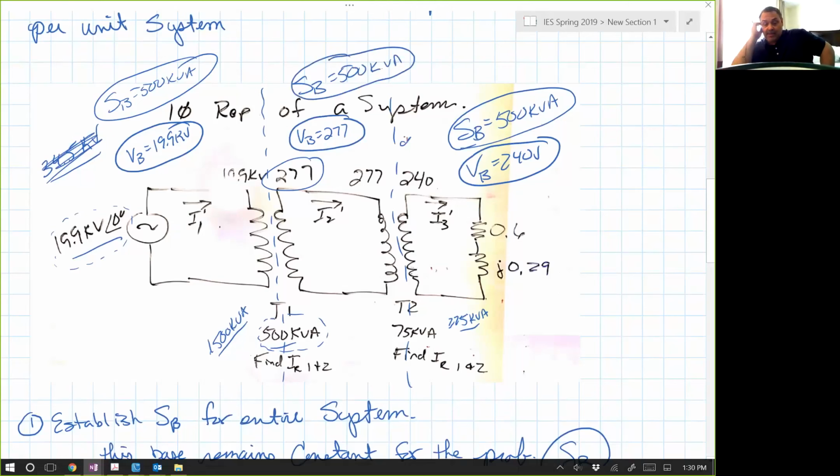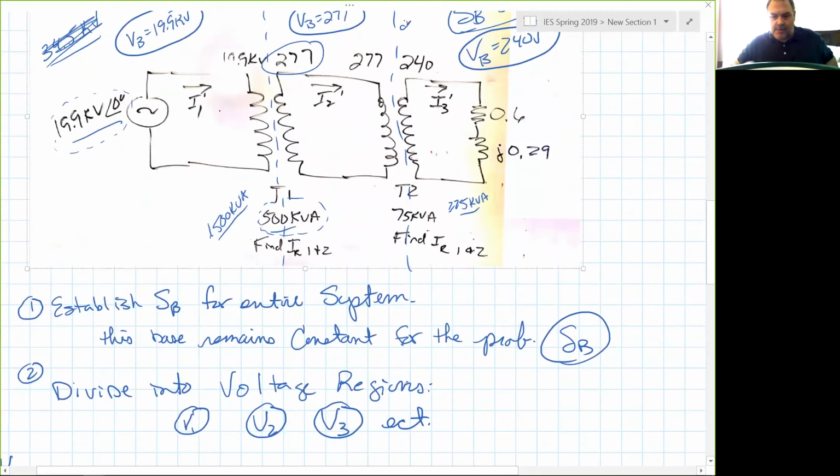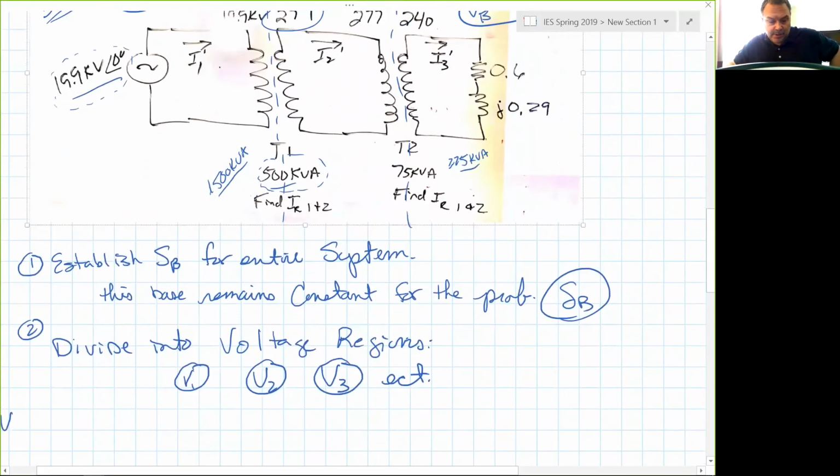I know that my base VA is the base VA for the entire system. Okay, so that's a little peek into applying these basic per unit concepts to a system, and we'll continue to build on that as we go along.